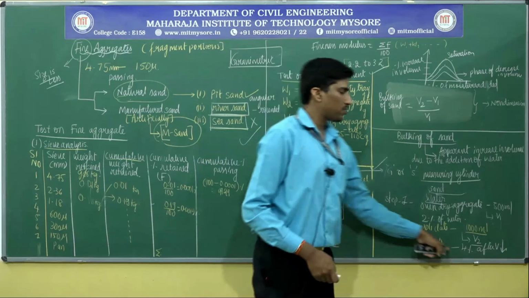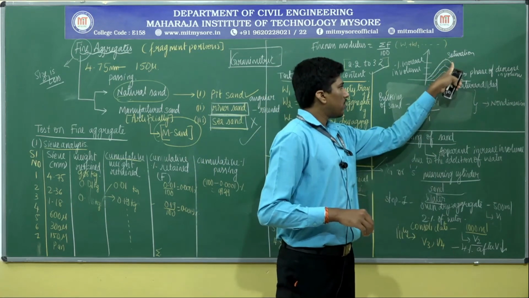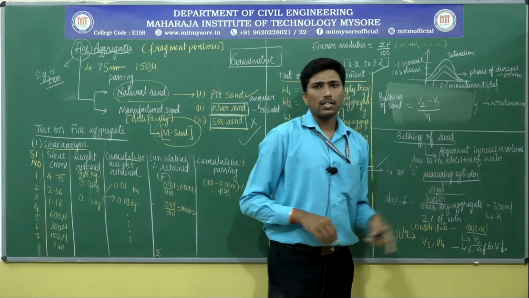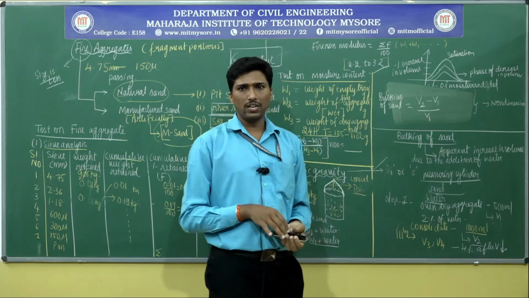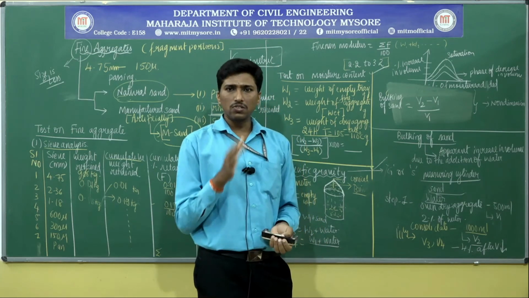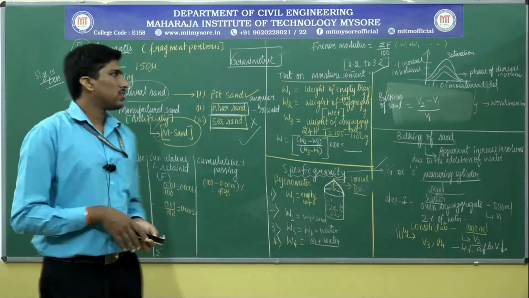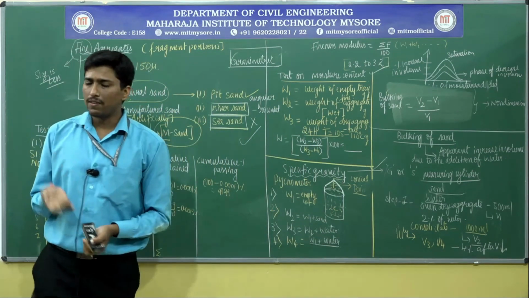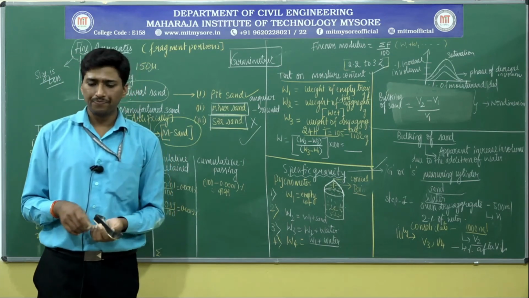At a rate of 4%, you need to add the water. Therefore, you can see the curve declining in an exponential decreasing manner. This is the phenomenon by which we determine the bulking of the sand. Bulk density is completely a different phenomenon.